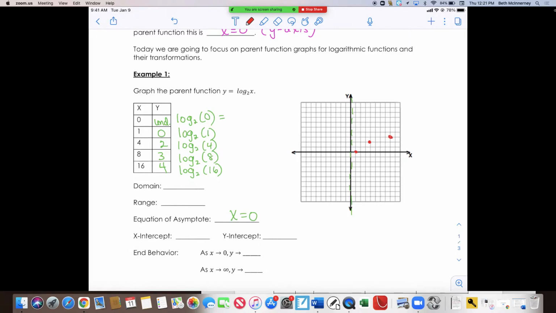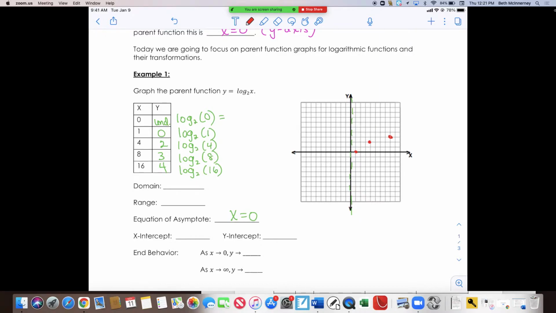Now what I would like you to do, on the TI Nspire, you know how to open a new document and open a graph. So hit doc, open a new doc, and click graph.